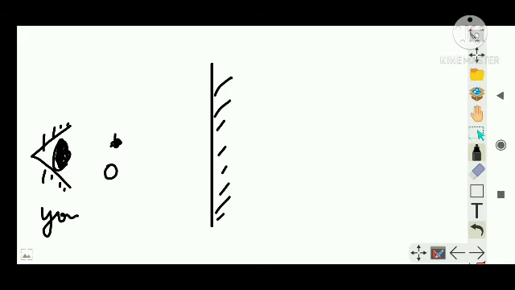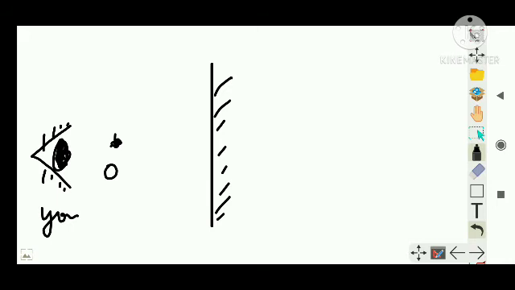What you have learned is how you see an object: an object is seen when its reflection is appearing in your eyes. That's how you see an object, right? Similarly, if you want to see an image, you expect the image is formed where the reflected rays are meeting.